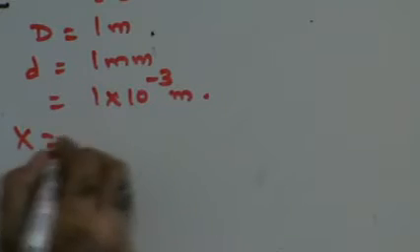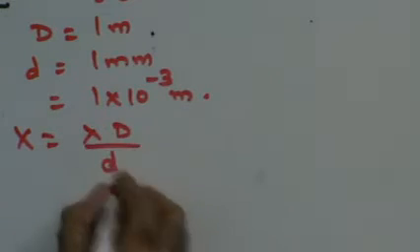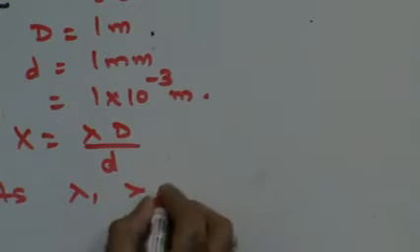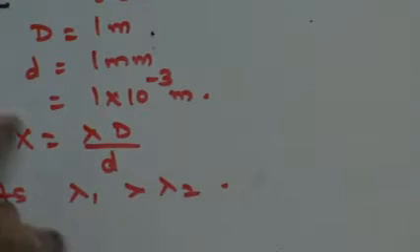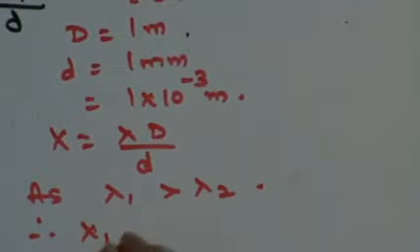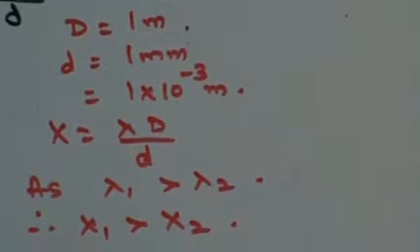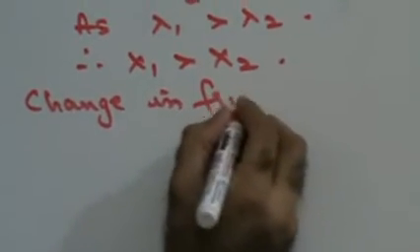Now we know that fringe width is nothing but lambda D by d. Now as lambda 1 is greater than lambda 2, we know that fringe width is directly proportional to lambda. Therefore I can say x1 will be greater than x2. They've asked me the change in fringe width.